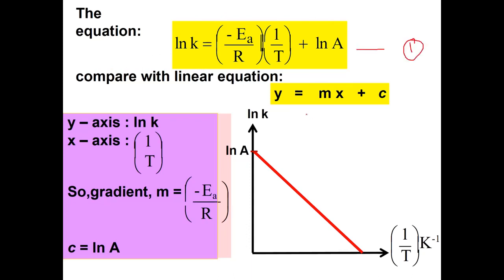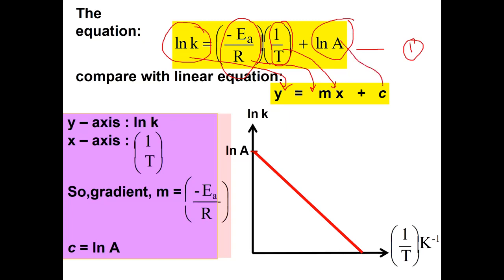So that means ln k is your y, negative EA over R is your m, which is the slope, 1 over T is your x, and ln A is your c.